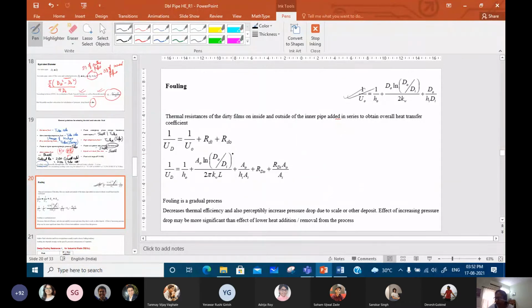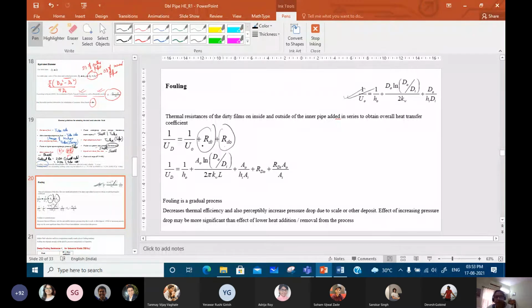So taking these things into account, what normally is done is that some particular dirt coefficient or fouling coefficient, fouling resistances, are accounted for, and then these are included in the calculation of the design overall heat transfer coefficient.